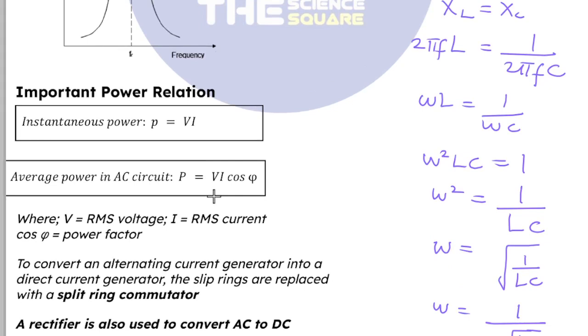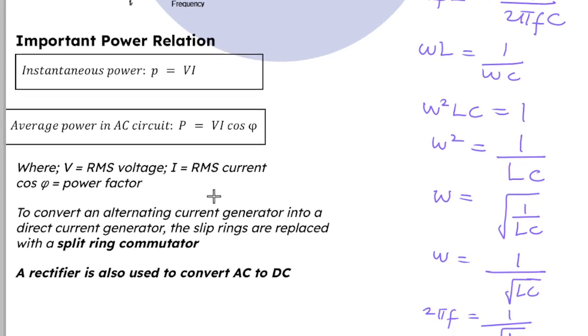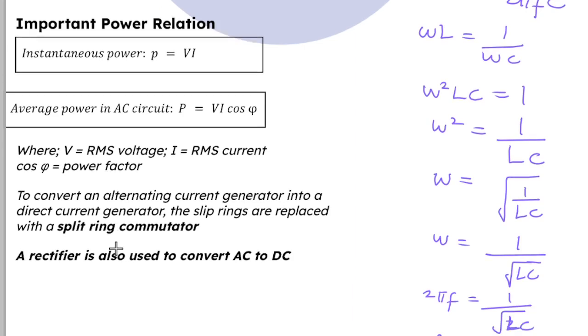Okay, and now another important point that we just need to add to wrap up this particular video before we move to calculations is to convert an alternating current generator into a DC current generator. A slip ring or the slip rings are replaced with split ring commutator.